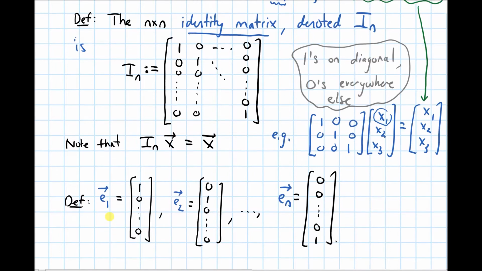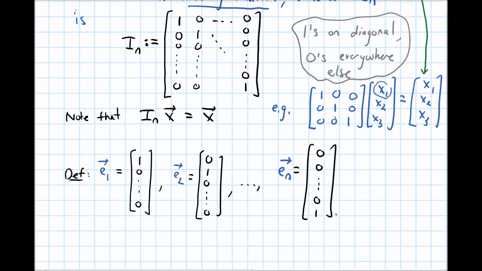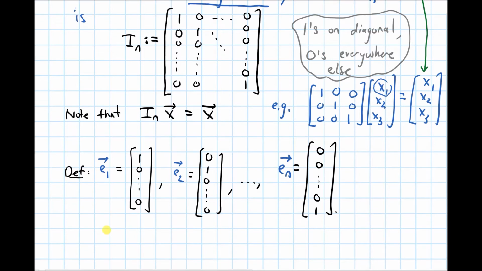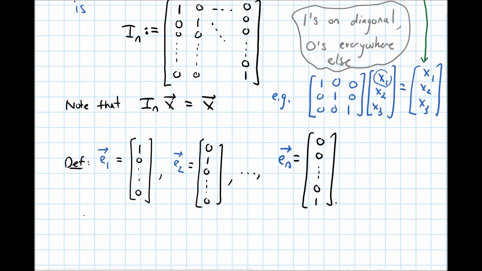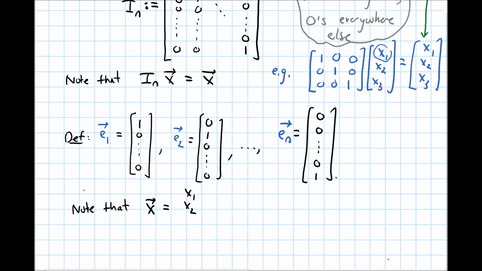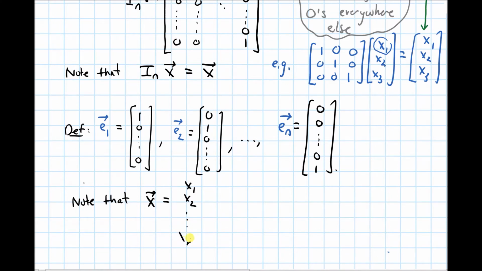Okay, I want to note something else about these column vectors. If we have a vector x with n entries, x1, x2, all the way up until xn, I can write it as a linear combination of e1 up until en.